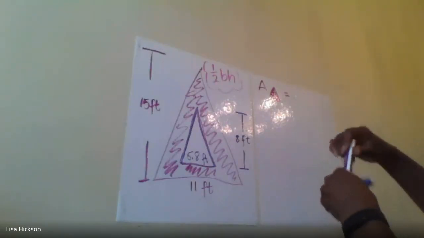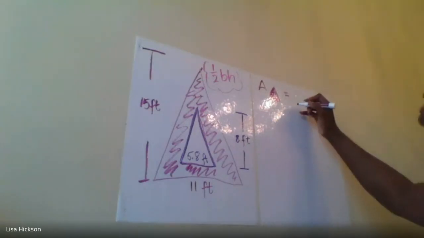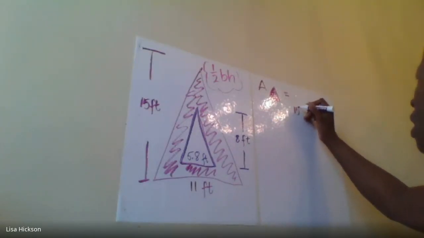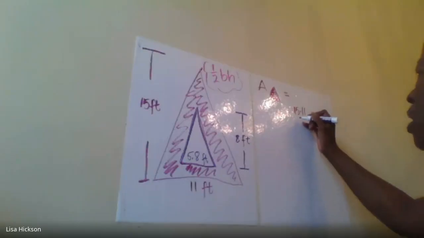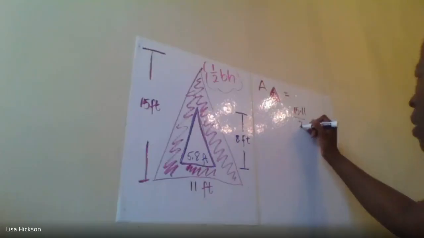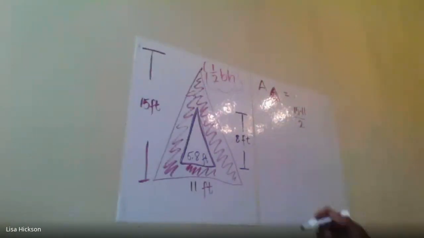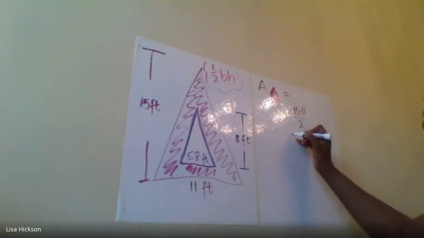I multiplied 15 times 11. All right, wait a minute. So you got 15 times 11. And then divided by 2. Yep, divided by 2. All right. And what you get for that?